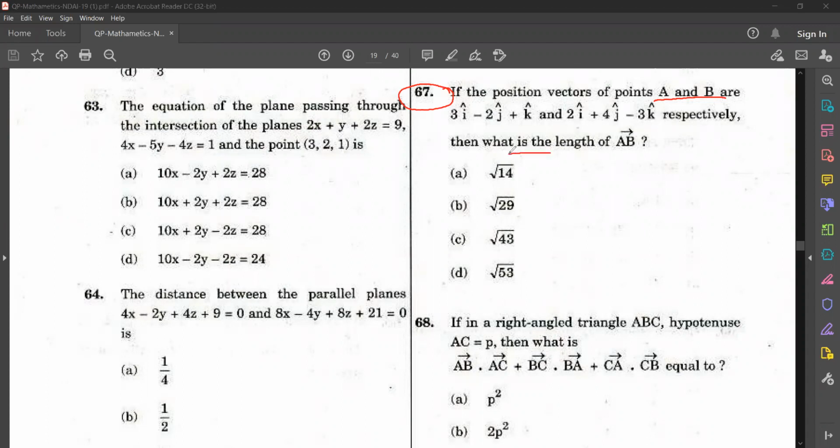What is the length of AB? Very easy question, very direct question. I'll give you 30 seconds to do this.